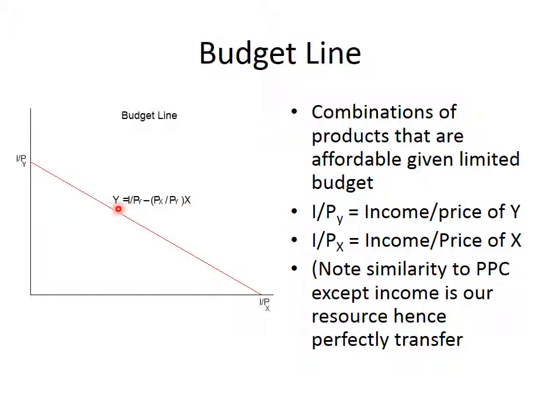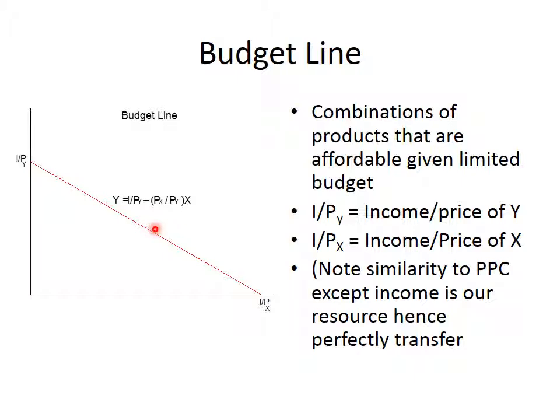You have one variable, the y variable, equals an intercept, which is the value of y when x is 0, minus the rise over the run. Now we've reversed that here a little bit, but the price of X divided by the price of Y multiplied by X. Okay. Now we'll look at this when we get to the next example.